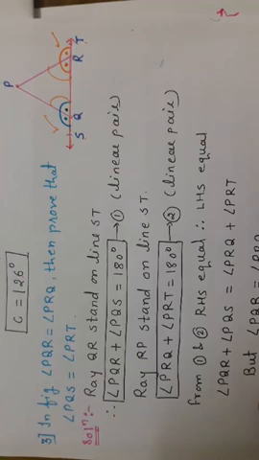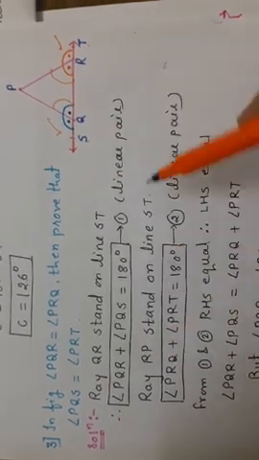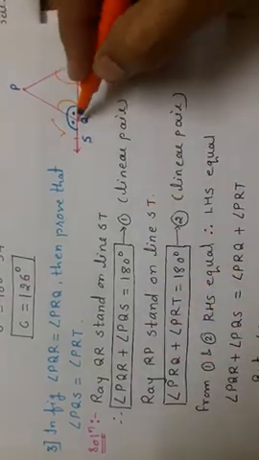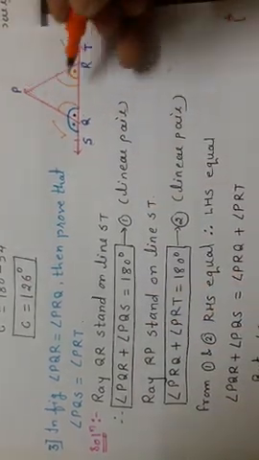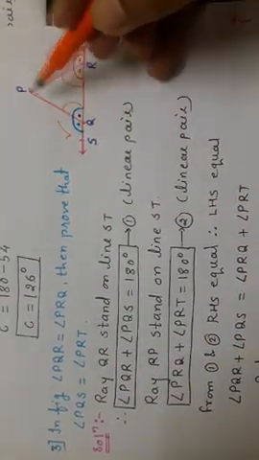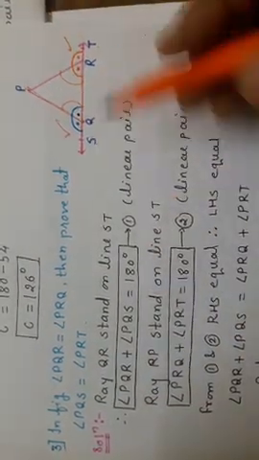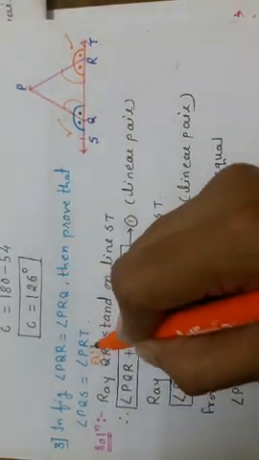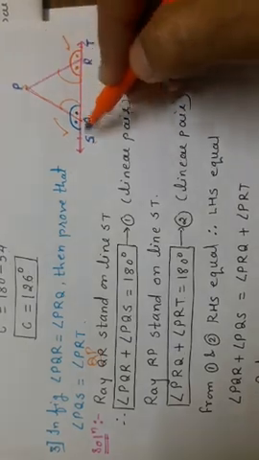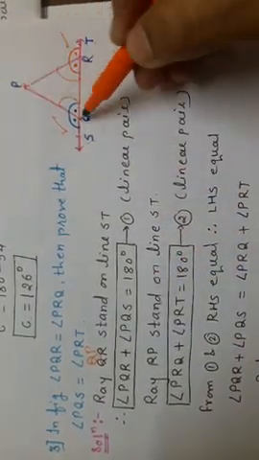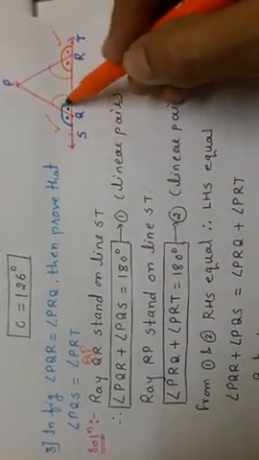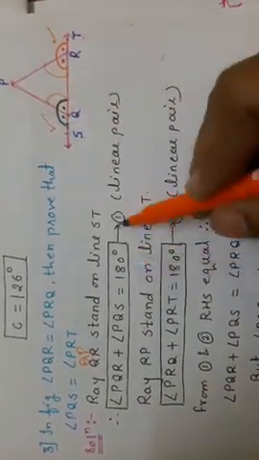Now on which concept will we use here? That is a linear pair. How? The ray QP stands on the line ST. Therefore PQR plus PQS, this angle plus this angle, is 180 degrees.